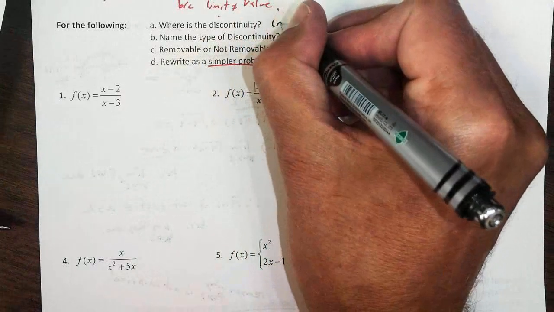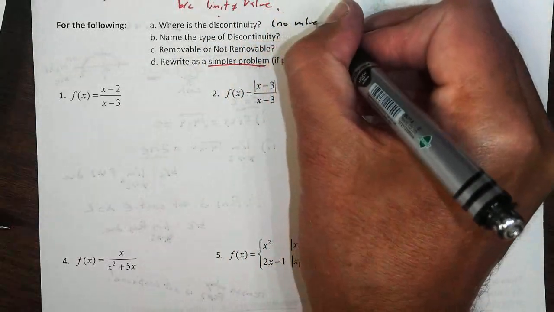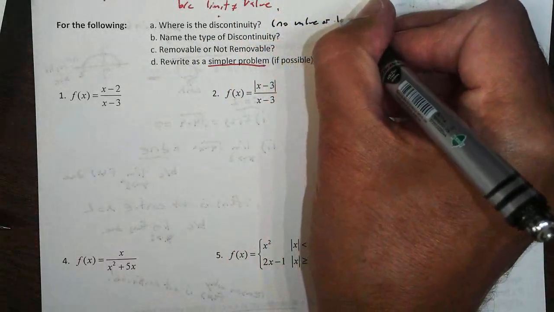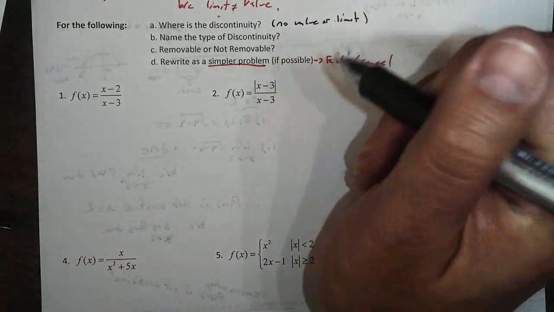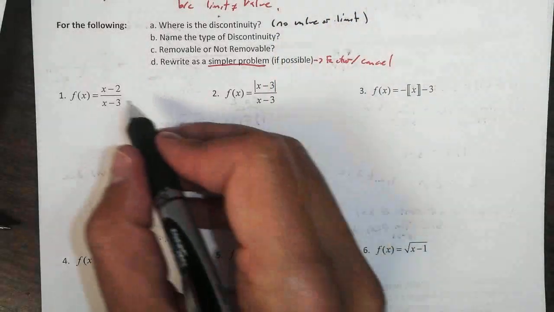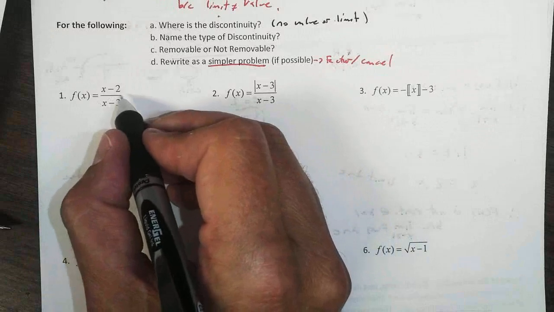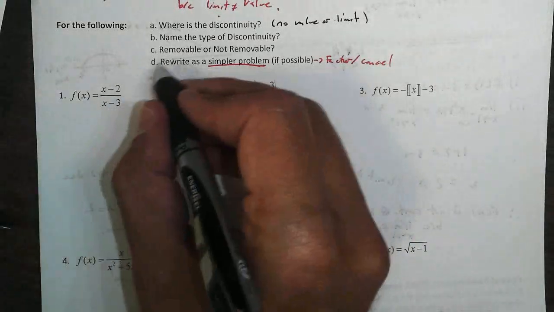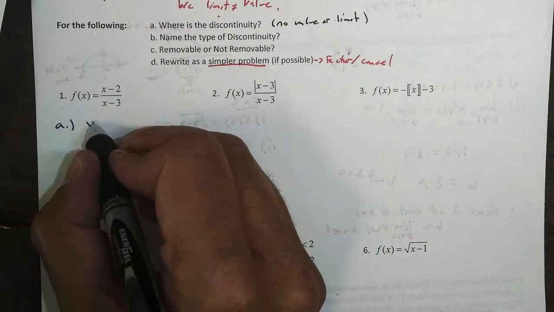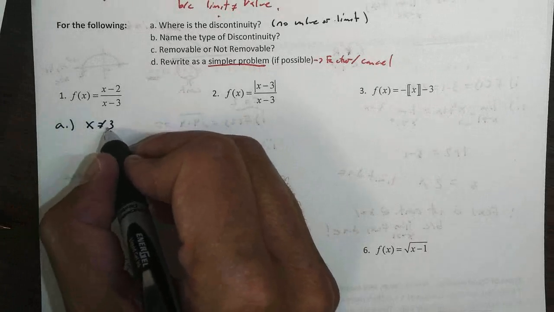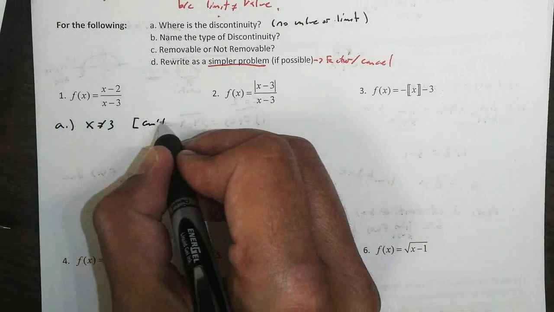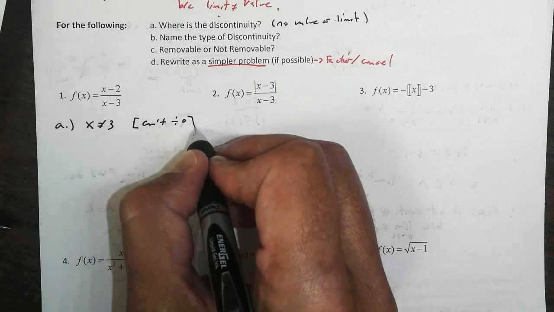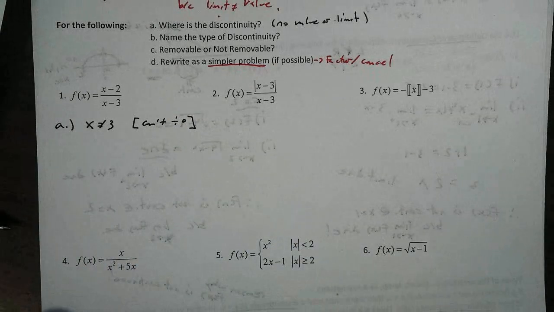They don't want no value or limit. The only thing we can't do is divide by 0. So for part A, where is the discontinuity? x can't equal 3. And again, no matter how hard we try, we cannot divide by 0.